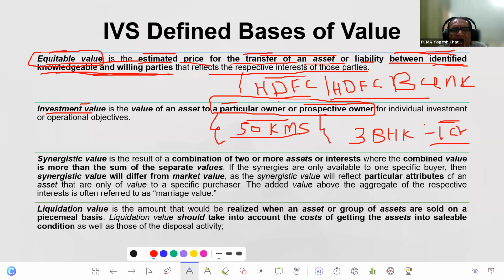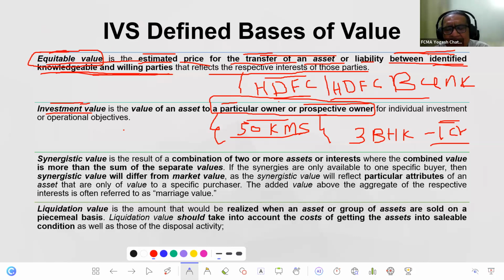But the value of that particular residence will be much more to me as compared to other residents of the same residential complex, because by occupying that residence, I will save a commute of 50 kilometers each day. That will be more convenient for me. So that is the investment value for me.